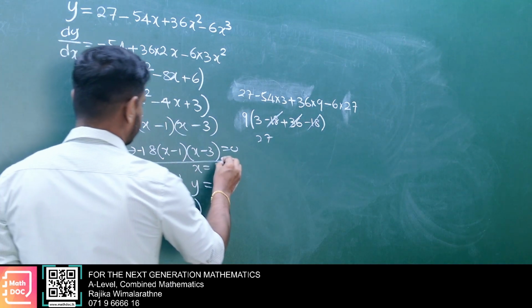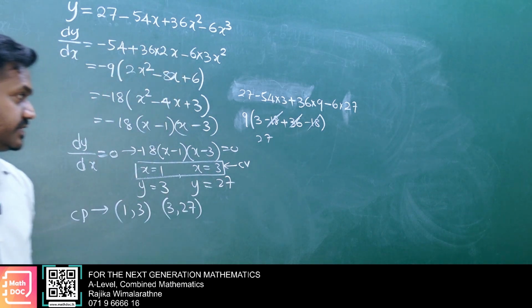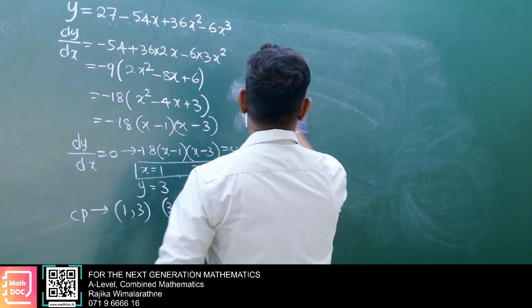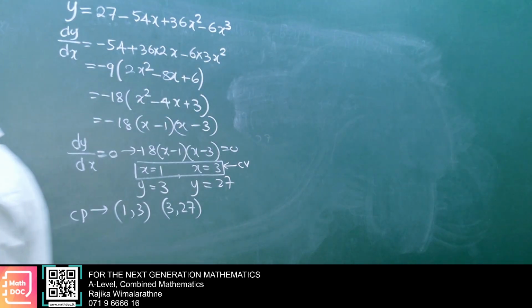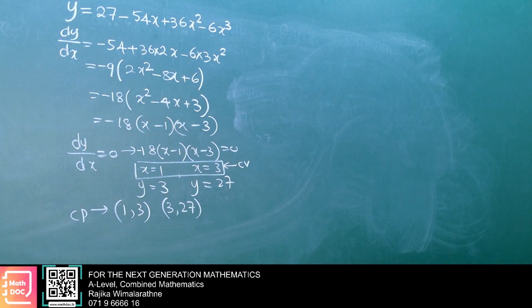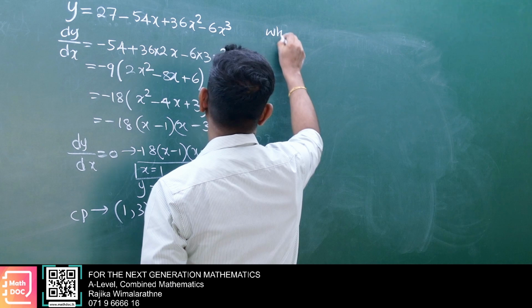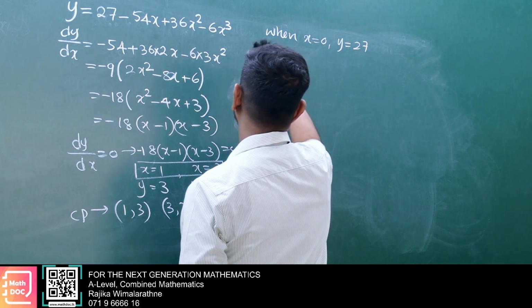Here, these two are the critical values. When x equals 0, the y value is 27.